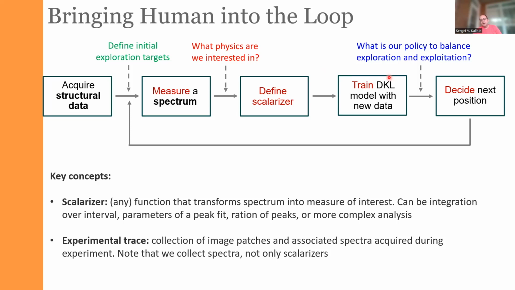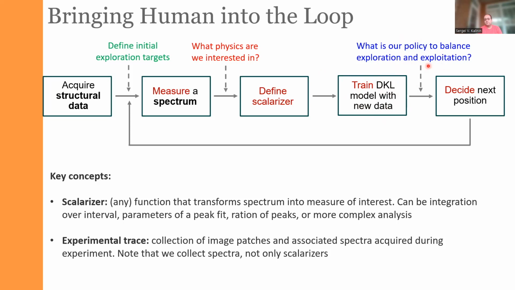And then once we train the DKL model, we also have some number of control knobs here. Once we have the Gaussian process operating over the latent space, we have a policy that allows us to balance exploration and exploitation. And again, we can choose the policy from the list, for example, go from the UCB to the expected improvement, or we can choose to tune the parameters of the policy.